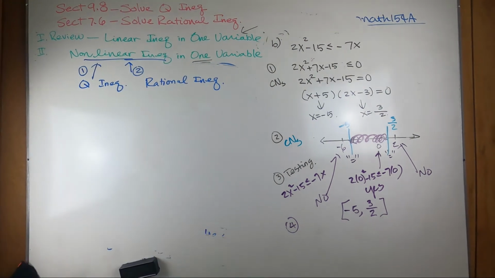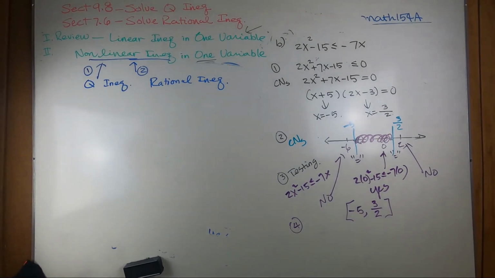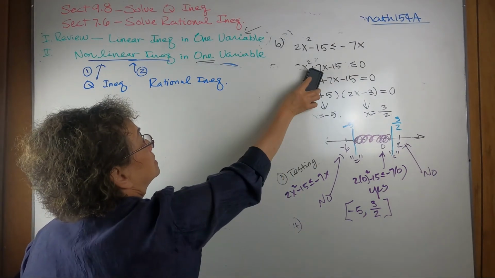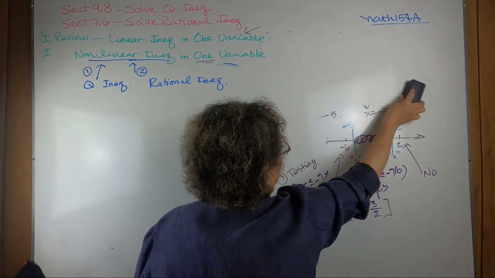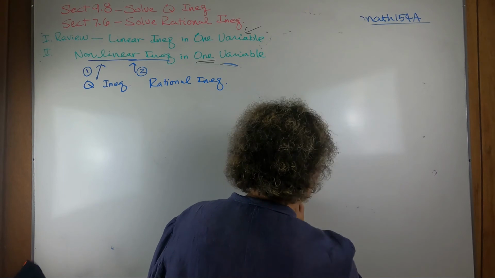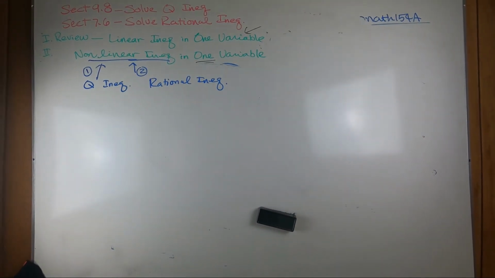So nonlinear can be quadratic or rational. What kind of things are rationals? Rational means ratio. Fractions, polynomials in fraction form, we call a rational expression.